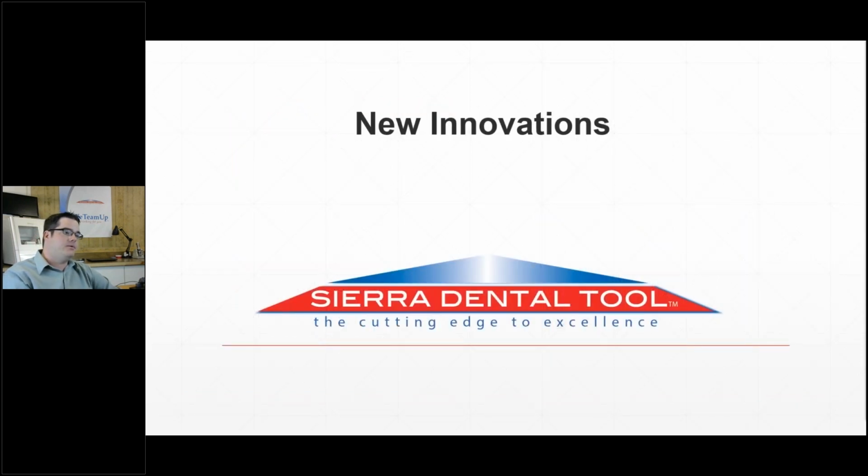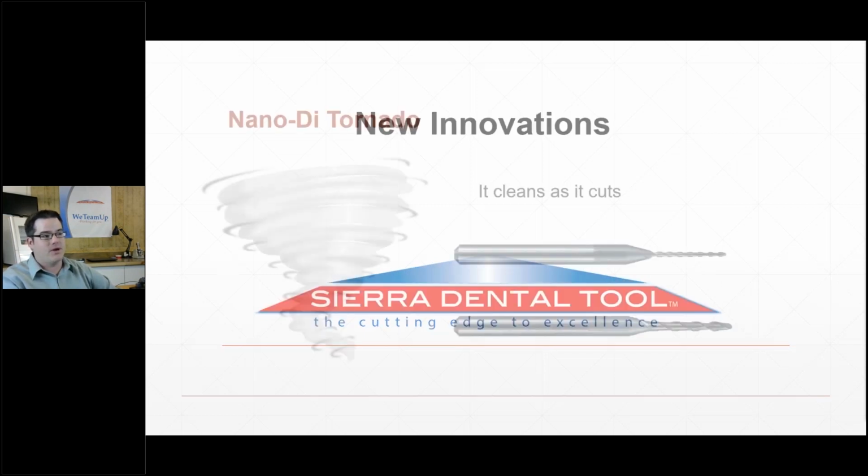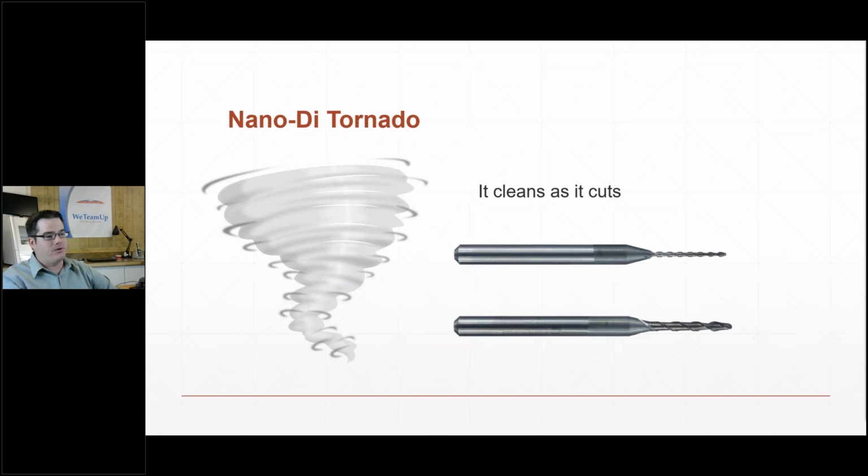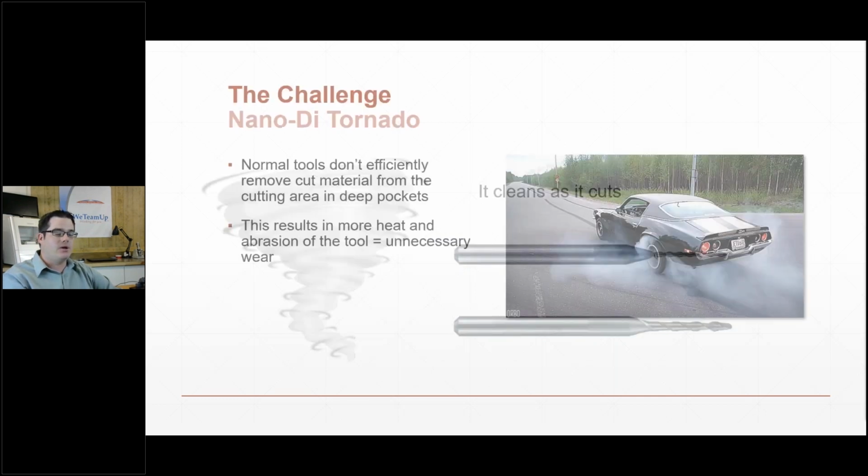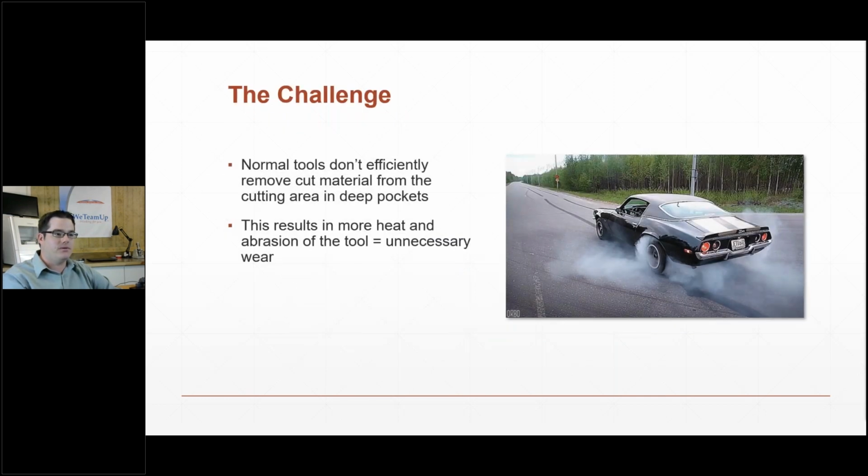So I've got a couple of new things to share with you guys. First off, Tornado. This is a new tool for the Roland system, unfortunately Roland system only. And what it is, it's a new feature along the shank of the tool that addresses the issue of material evacuation.